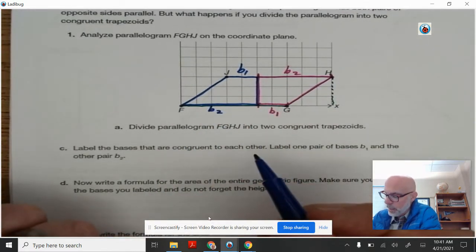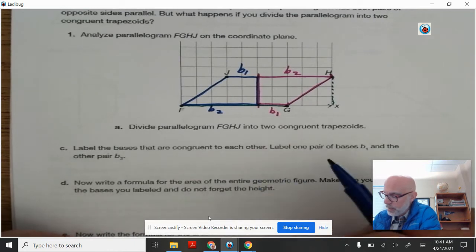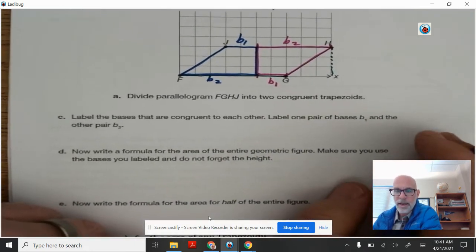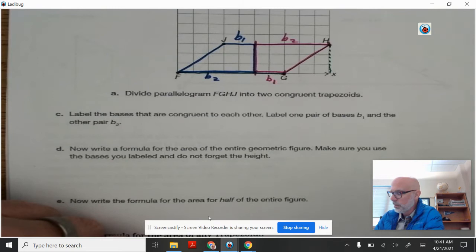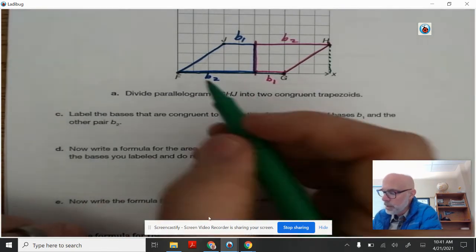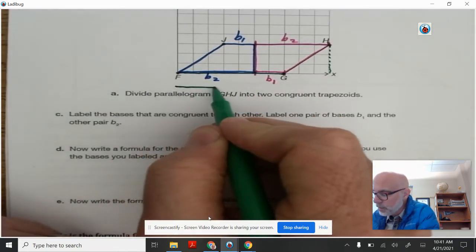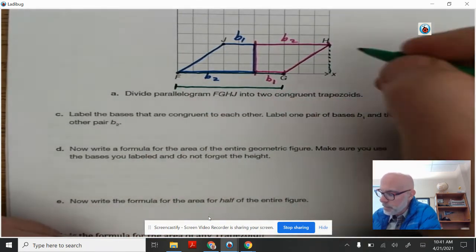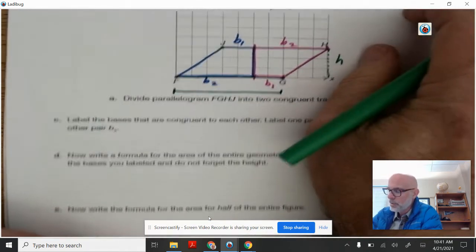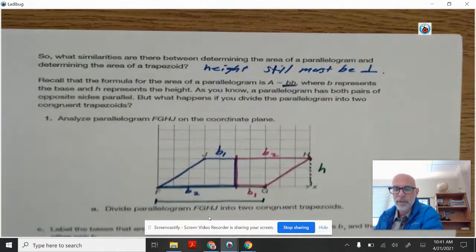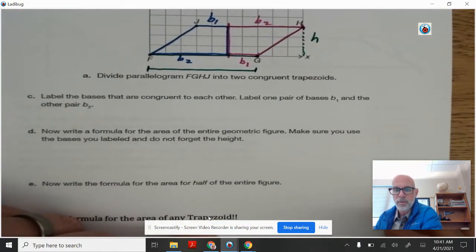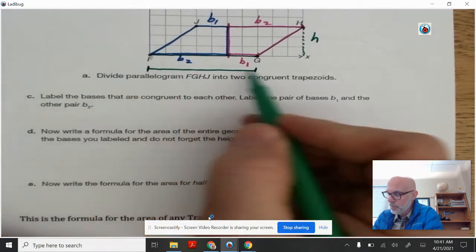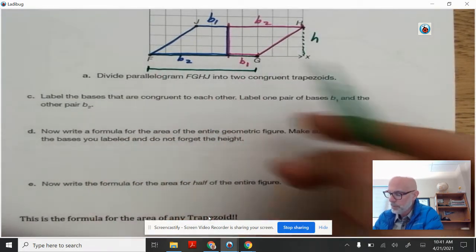All right. And then it says to go ahead and write the area of this thing like we were going to do at the very beginning. Well, what we were going to do is use this entire length from here to here times this height that was over here. That's what we said goes on a parallelogram anyway, base times height. So if I continue to do that, this entire base is actually those two added together.